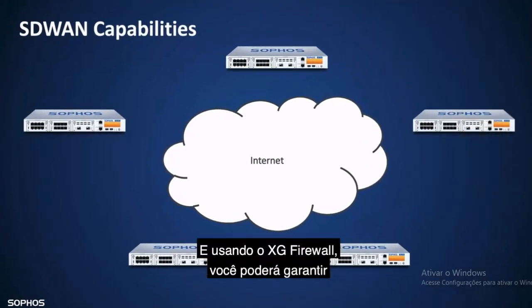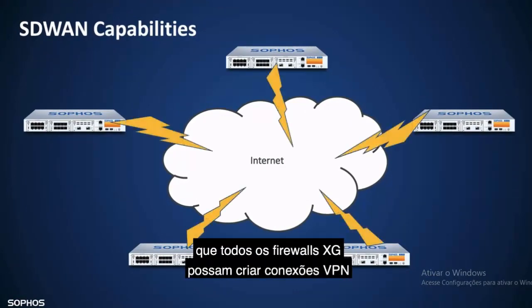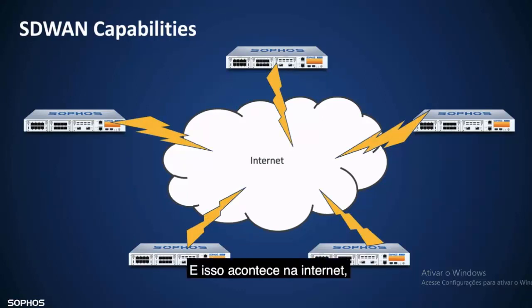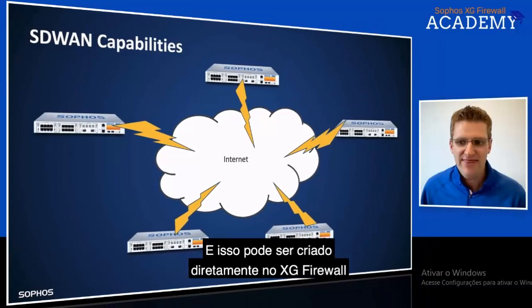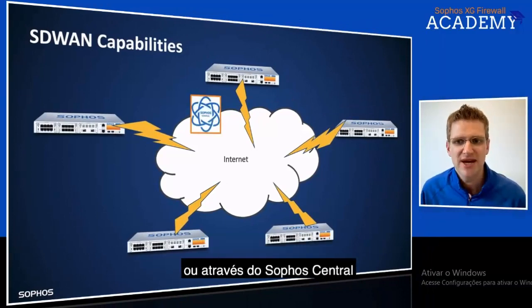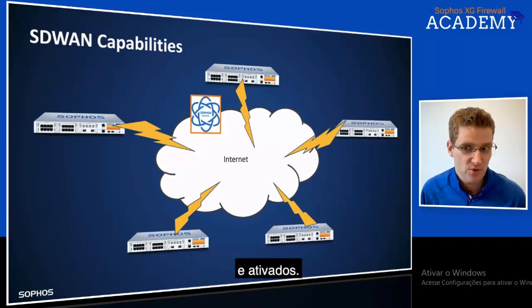And using the XG Firewall, you can ensure that all of those XG Firewalls can create VPN connections to each other. And that happens over the internet, so it means that every single XG Firewall within the environment has connectivity to all of the other XG firewalls within the infrastructure. And that can be created directly on the XG Firewall or through Sophos Central to make sure all of those VPN links are established and are brought up.